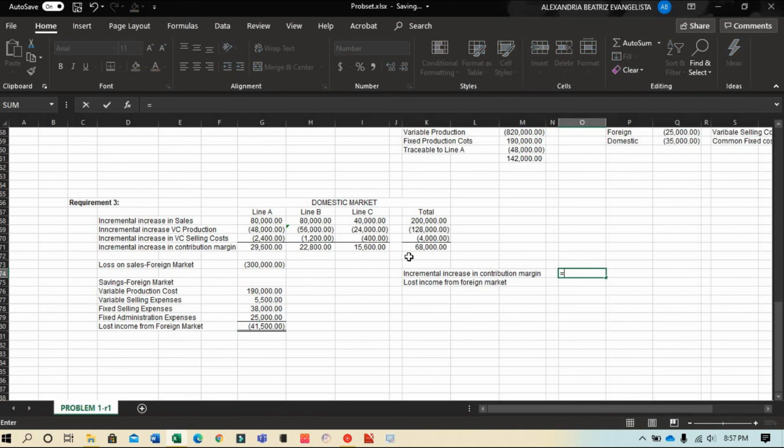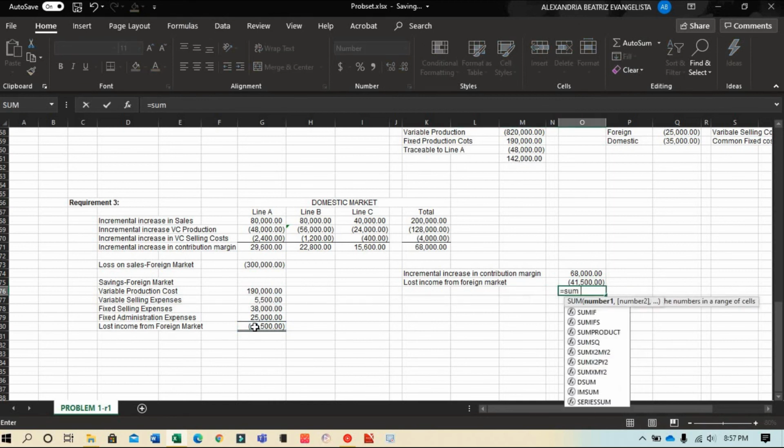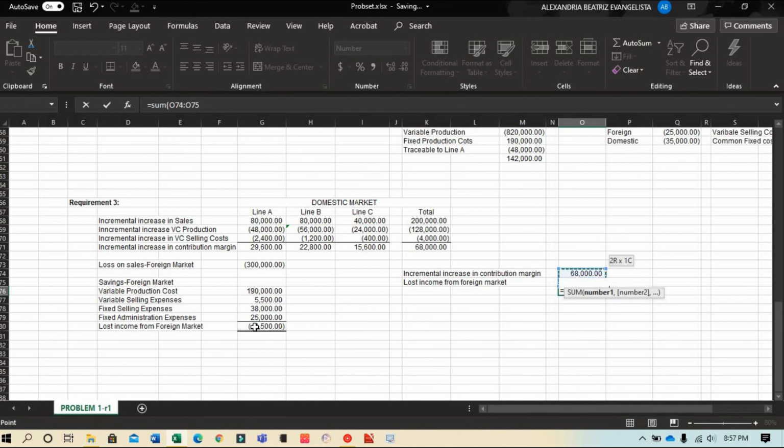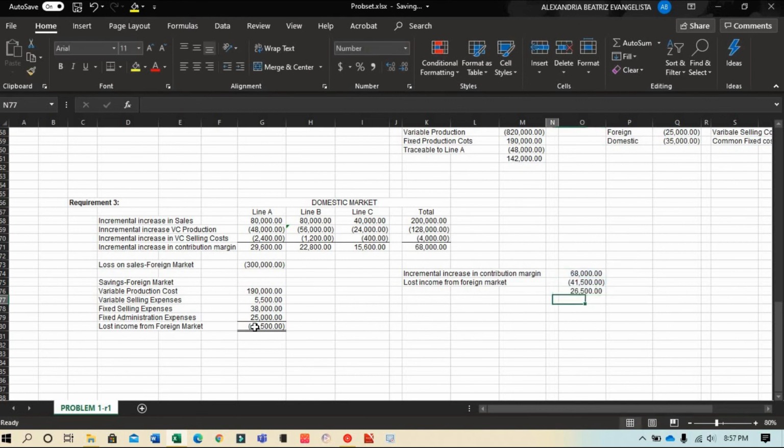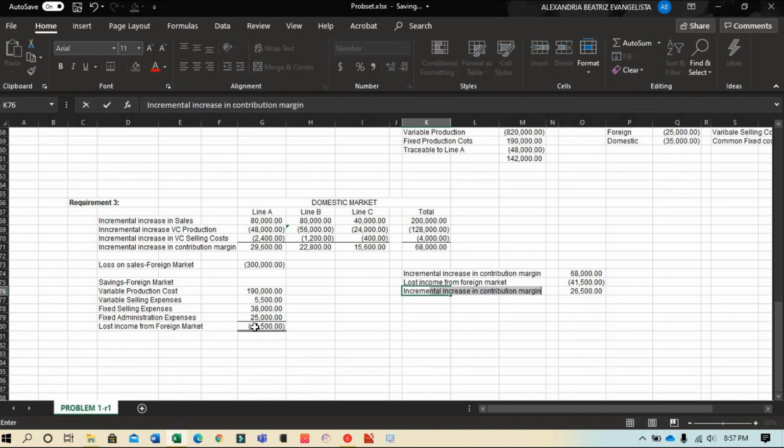This is 68,000 less, of course, 41,500, and the sum would be 26,500, which would be the incremental segment margin.